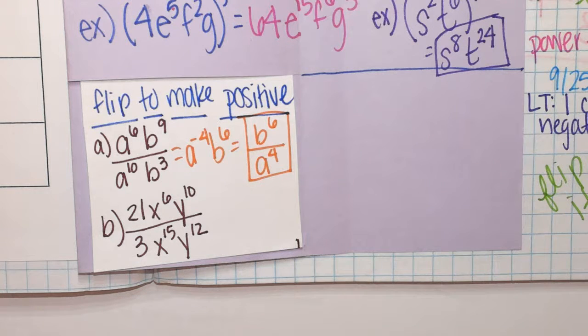You see how this is a positive 10 on the bottom? If you brought this up top and moved it across the division sign, that would make it a negative. It's because you're moving it from one part of your fraction to the other. So it's the reciprocal. Whereas if it was 1/2, the reciprocal would just be 2, correct? You just flip it over. But with these, because it's an exponent, you change the sign. So since it's 6 minus 10, that 4 would go down here, so it goes where the bigger number is. And that's how we bring it down.